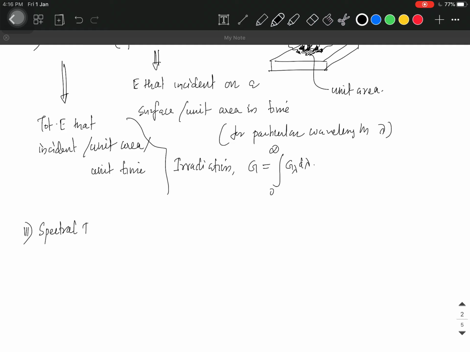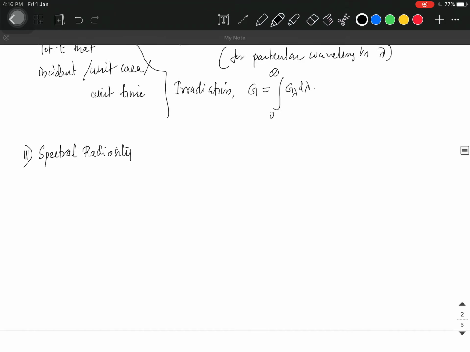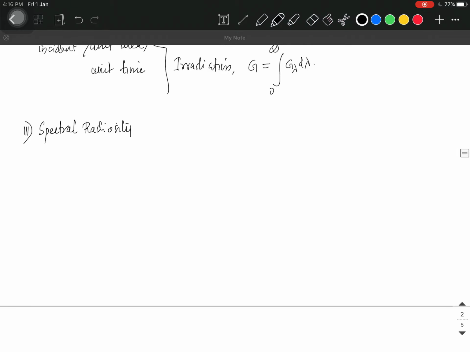Okay, so next the third term, which is nothing but the spectral radiosity.